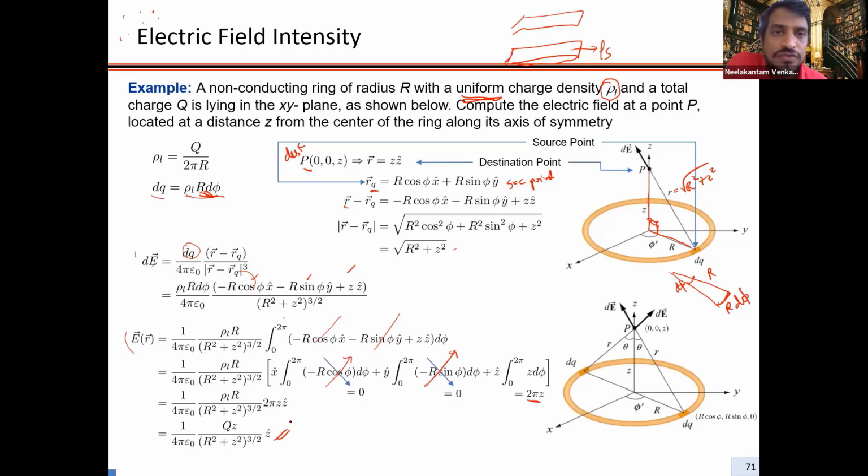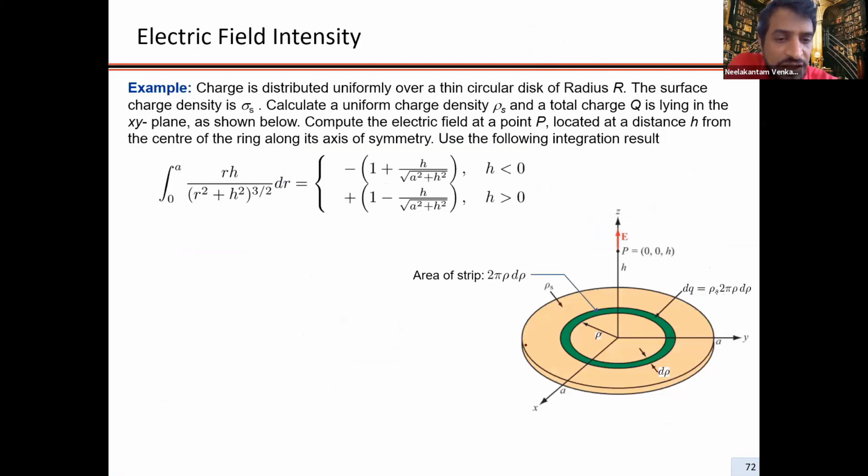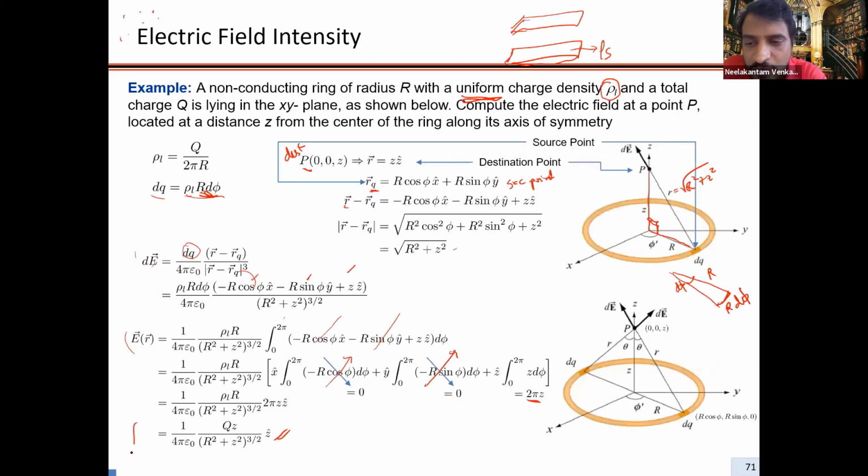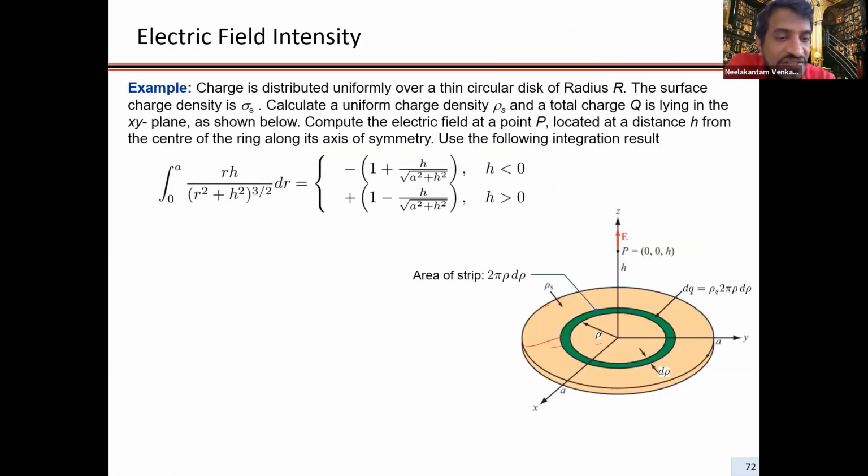If I were to now say that, instead of this loop, I want to find the field for a continuous surface like this, how can I do that? Now that we know this, all that is changing is that I can take this entire surface charge.